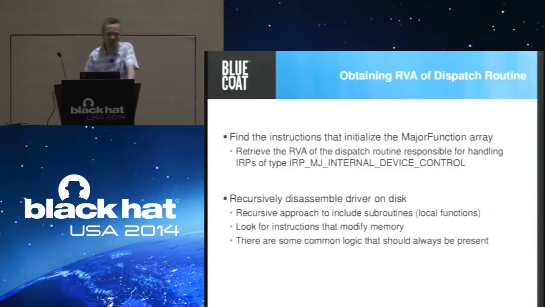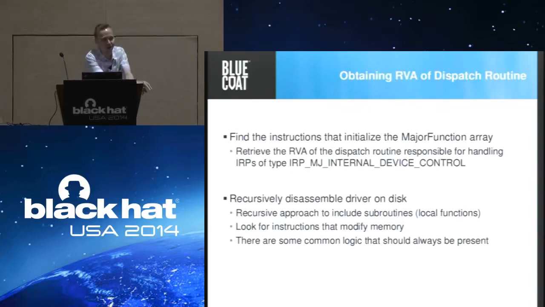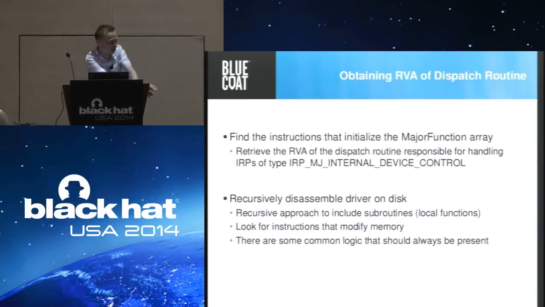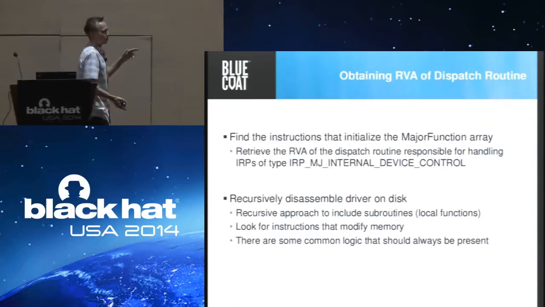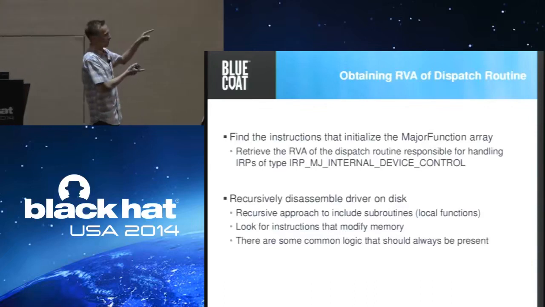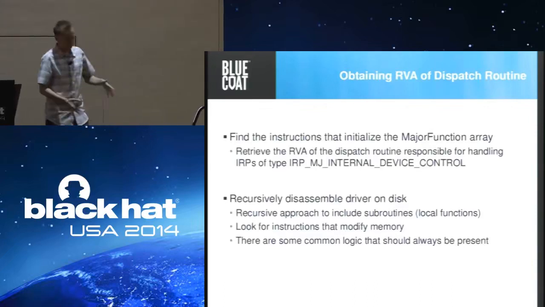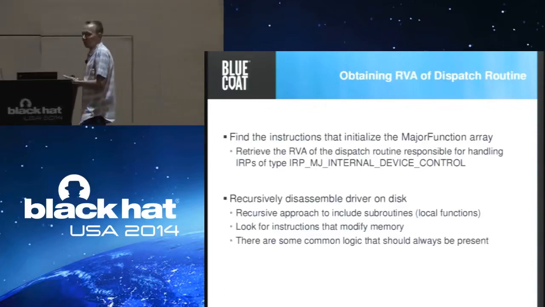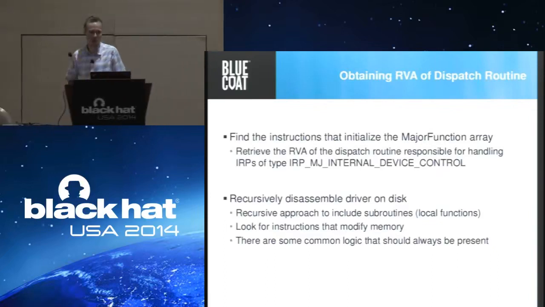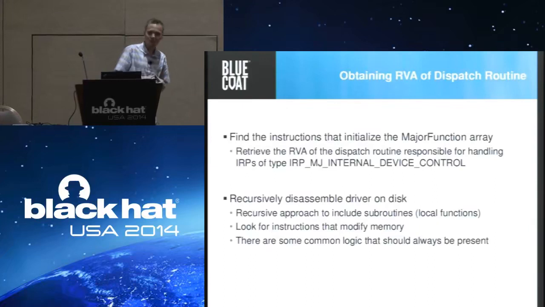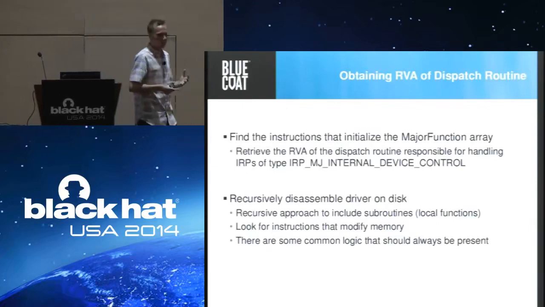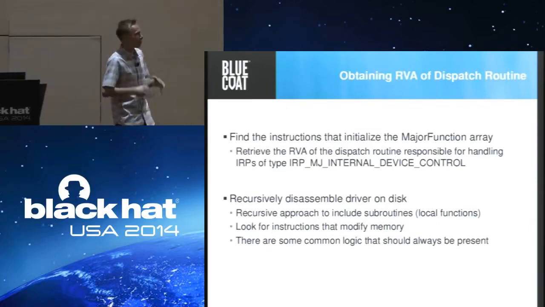Our approach for doing this is to search for the instructions within the binary itself that initialize the major function array. If you manage to find these instructions that basically implement what I showed you in C, just do disassembly on them, you can actually retrieve the RVA of the dispatch routine which we are looking for. We do this by recursively disassembling the driver on disk.